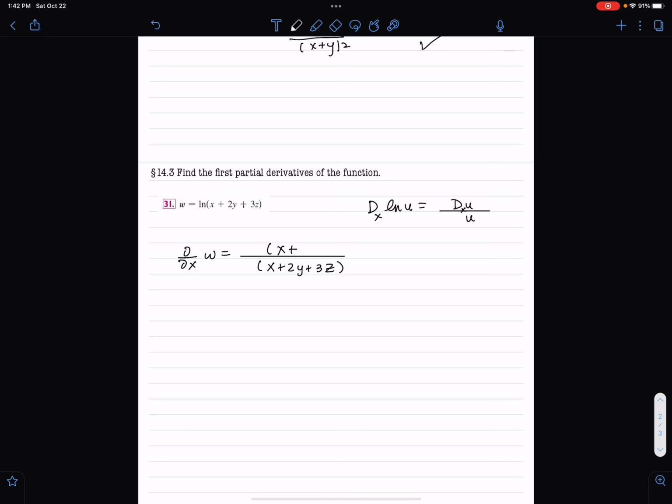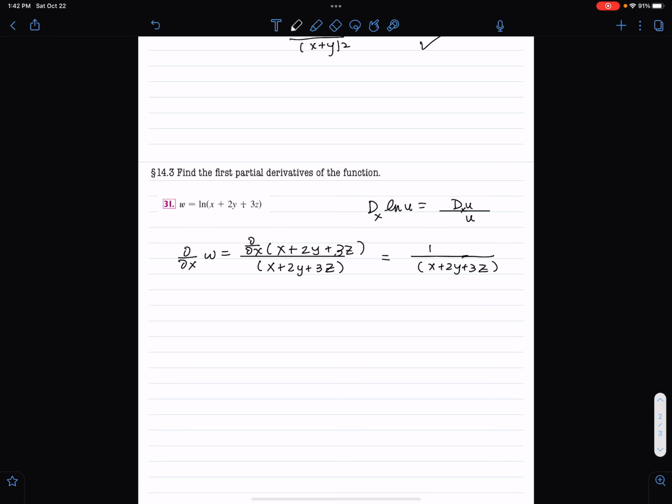And if you feel like you need to, you could break that into 2 steps. Okay, d dx. So working across, that's just going to give 1 over x plus 2y plus 3z.